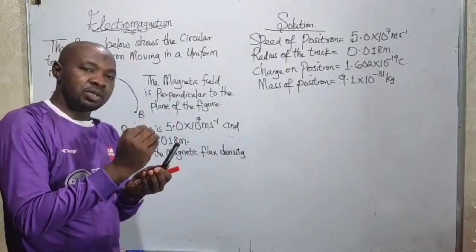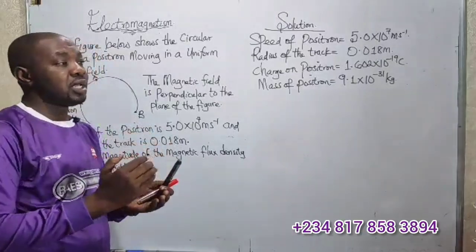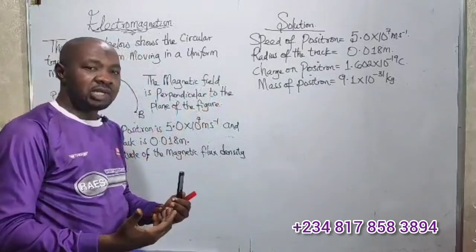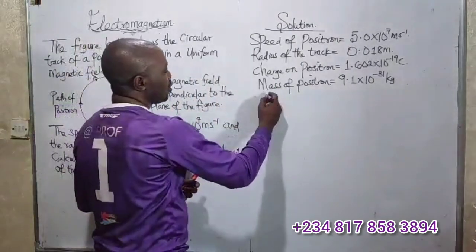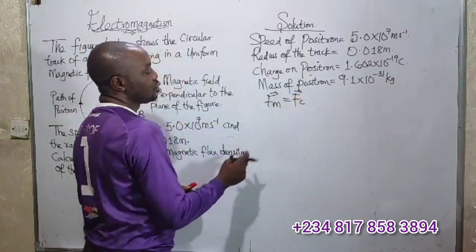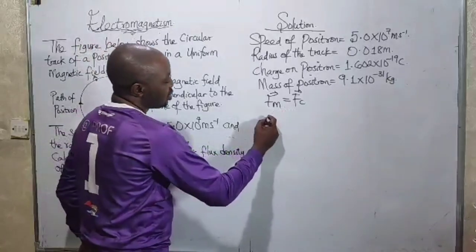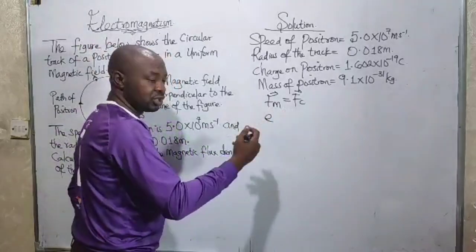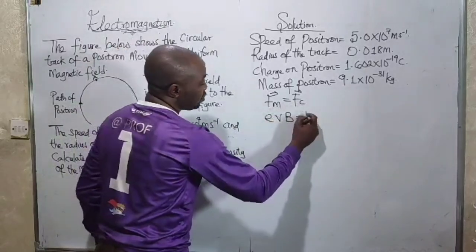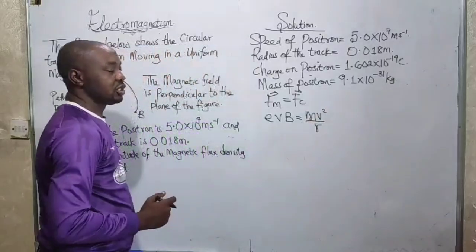The charge moving along the track experiences a force known as magnetic force. The magnetic force will be equal to the centripetal force. So we have the force on the moving positron, eVB, equals the centripetal force, mv squared over r, where r is the radius of the circular path.